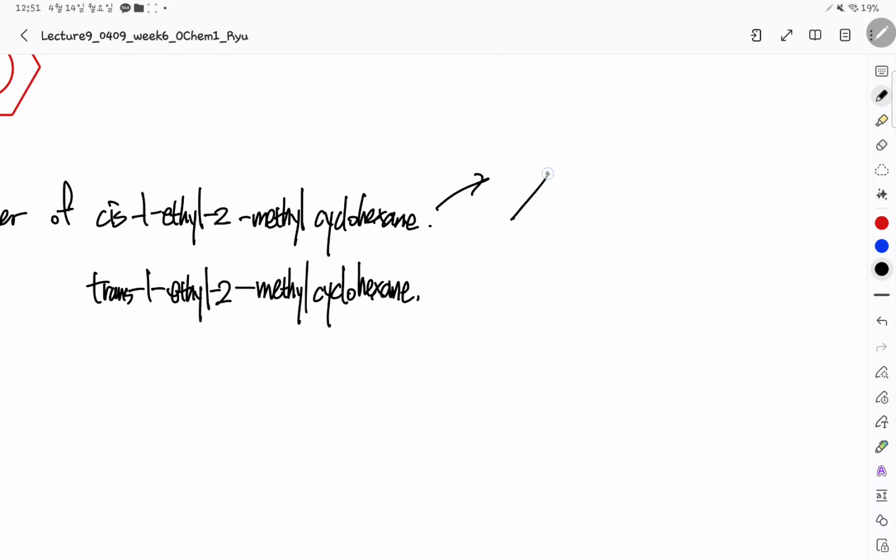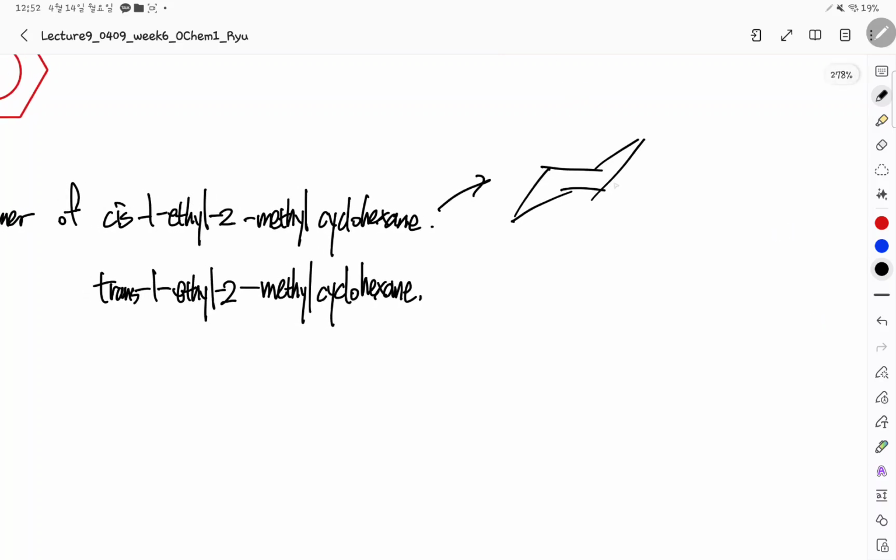You can try to identify the initial conformer from this skeletal structure first. And still you can identify this is 1, this is 2 carbon, and try to locate ethyl at the equatorial, right? And again, this is the down carbon's equatorial, meaning this is the up substituent. In order to be trans, right, then the substituent attached to 2 has to be down.